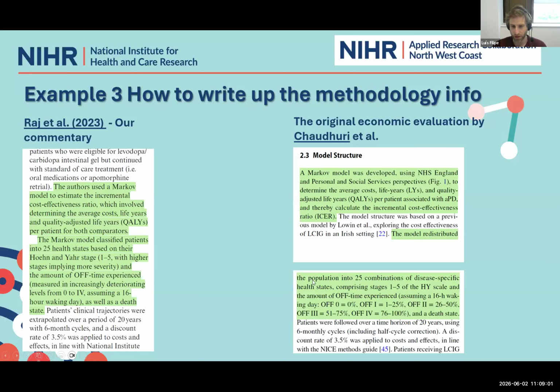And you can see in the original paper that they say the population is divided into 25 combinations of disease-specific health states, comprising stages 1 to 5 of the HY and the off time. Okay, exactly the same.